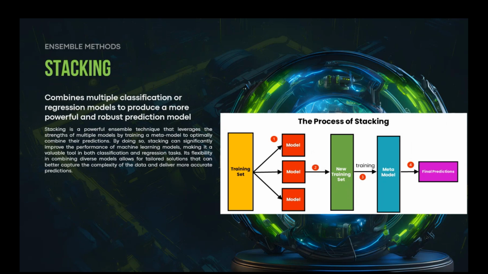It need not be a weak model, or it could be multiple strong models. One could be SVM, one could be your logistic regression, another could be a decision tree. So there is no limit on which type of model we select here. So, the multiple base models, which we call level 0.